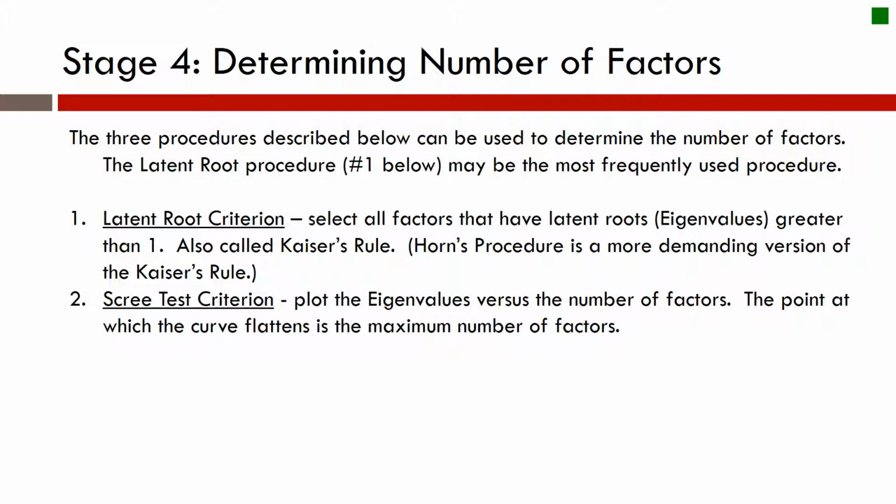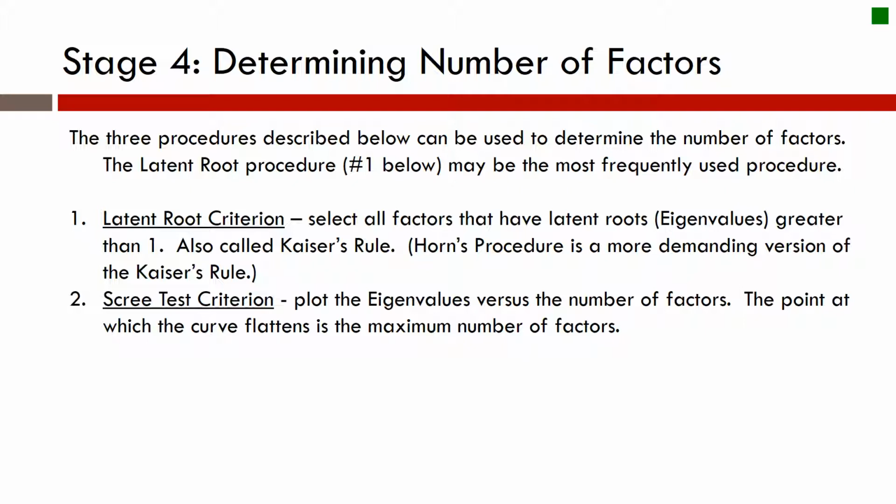And basically the Scree test is a graphical plotting of your eigenvalues. If you take your latent root criterion, the eigenvalues, the Scree test will just produce a chart that has a depiction of your eigenvalues.